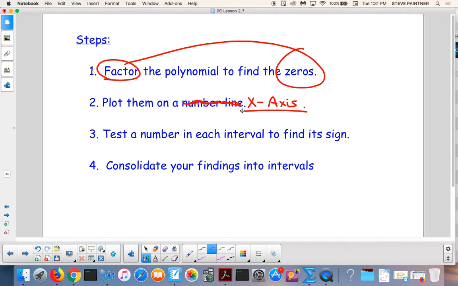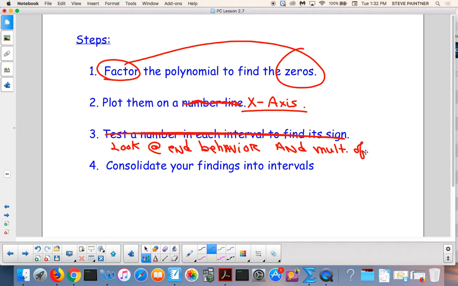No, we didn't. What we did was we looked at end behavior and multiplicity of the zeros.